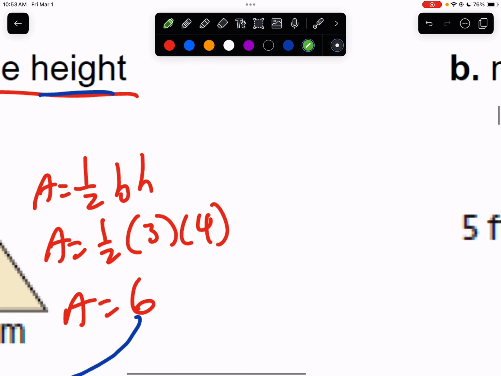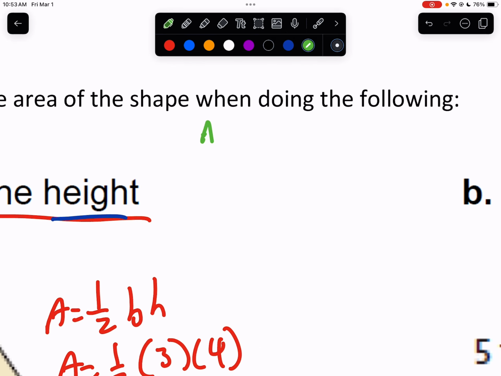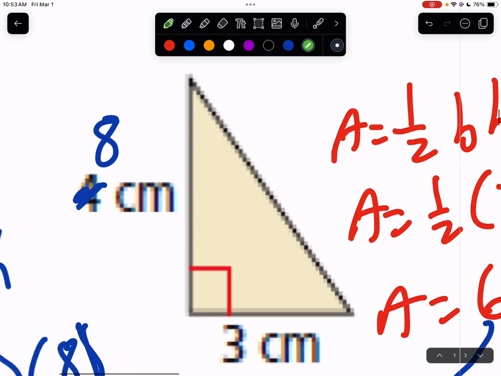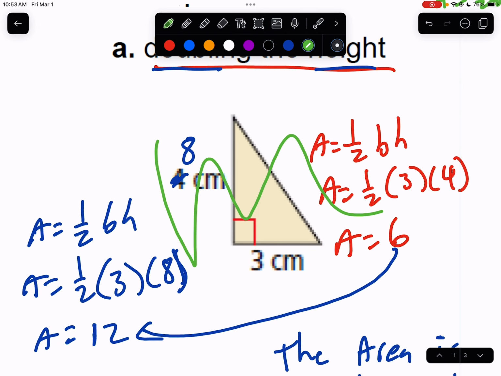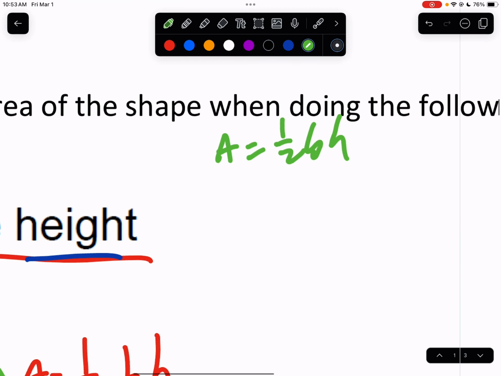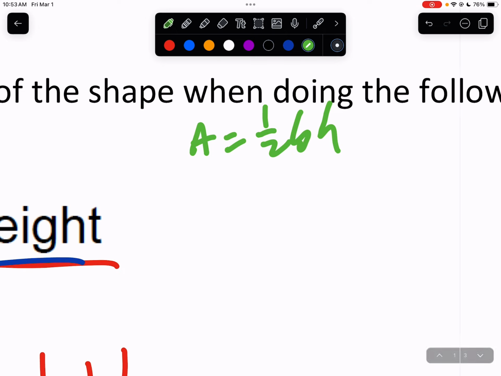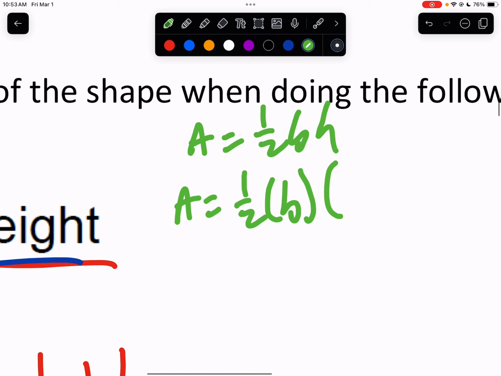Let's talk about why that's true. If I just focus on the formula, area equals 1/2 base times height, what if I just double the height? You do not need that triangle to answer this question. What happens when you double the height? The base is the same, but the height becomes 2 times the height.